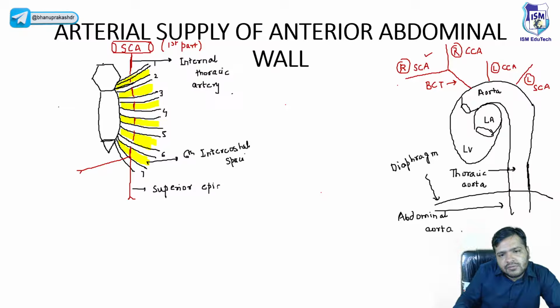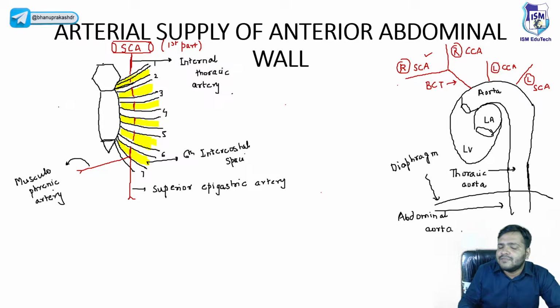The other one, which is supplying the diaphragm also, is called the musculophrenic artery, which supplies the muscles of the diaphragm also.